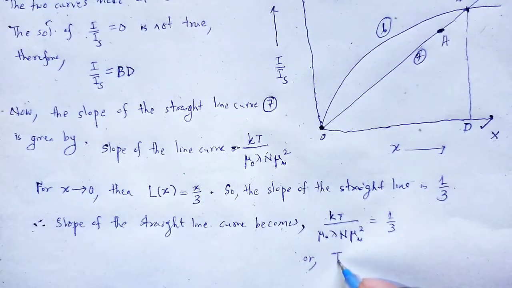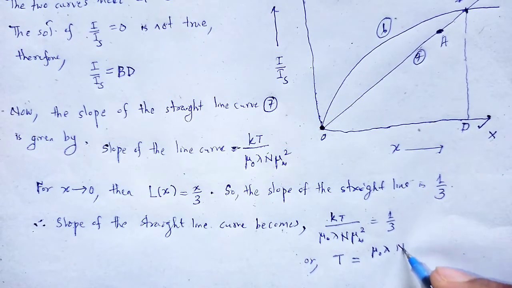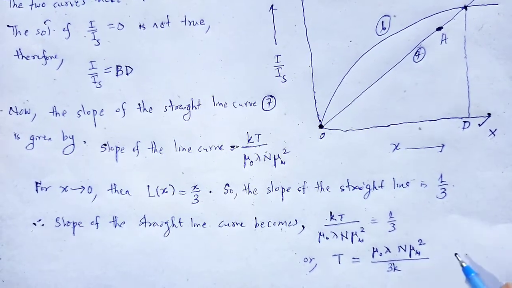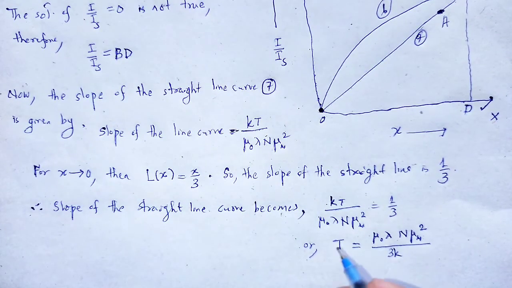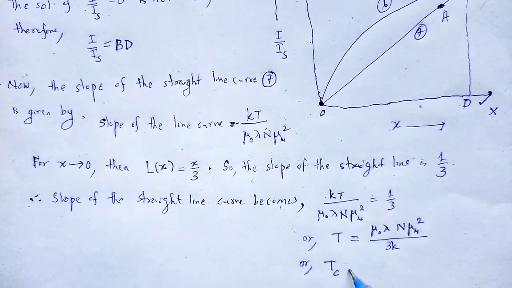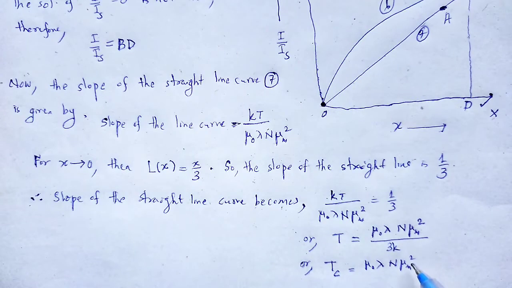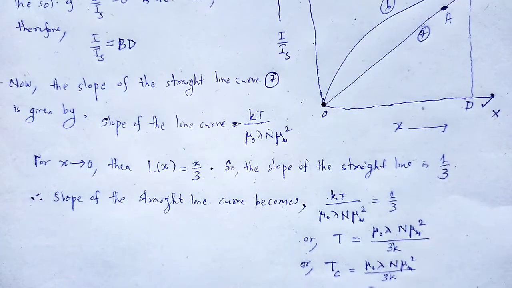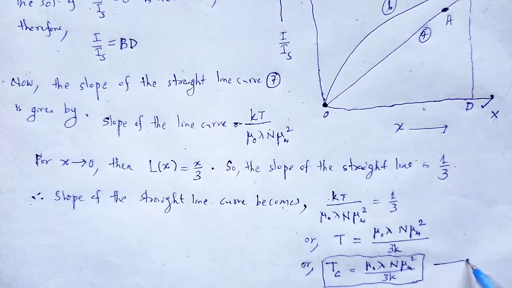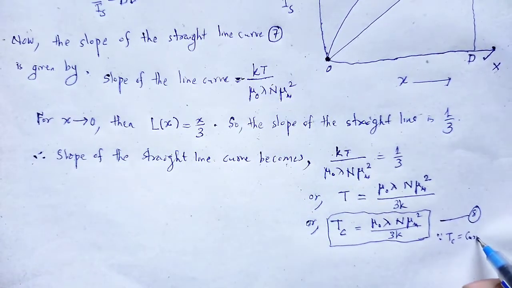From that equation the value of T can be calculated, that will be mu naught lambda n mu m square divided by 3k. The temperature is nothing but the Curie temperature. So, Tc is mu naught lambda n mu m square divided by 3k, equation number 8, where Tc is the Curie temperature.